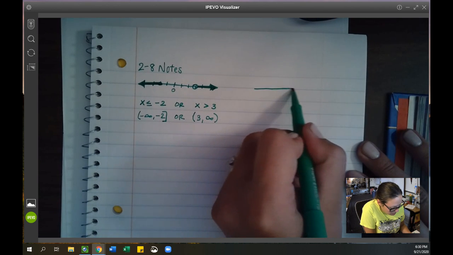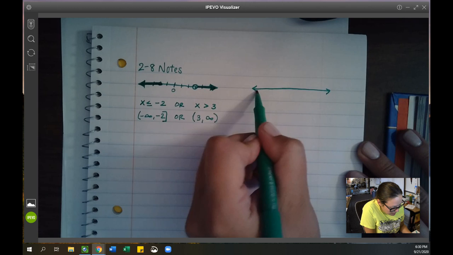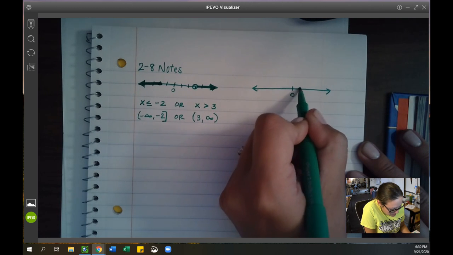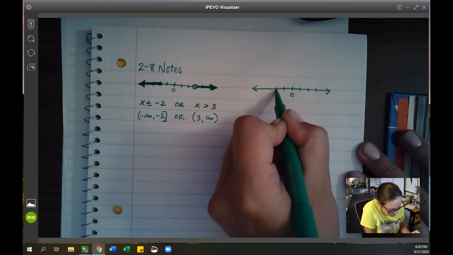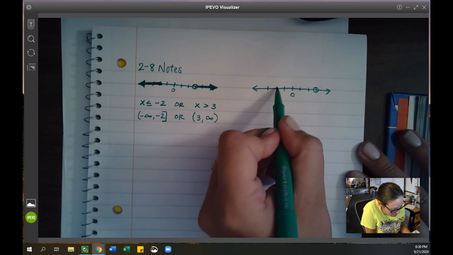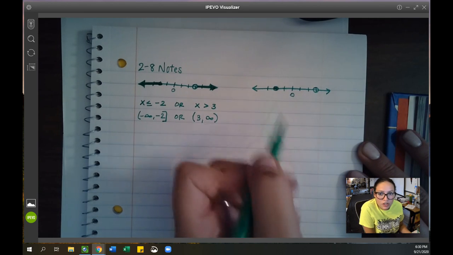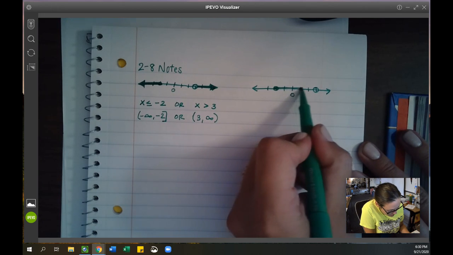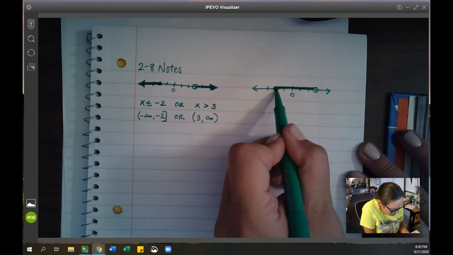Now, let's draw another number line over here. And we're going to kind of almost do the opposite. So I'm going to still put an open circle at 3 and a closed circle at -2, but we are going to shade between them.